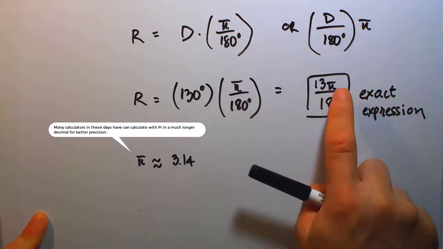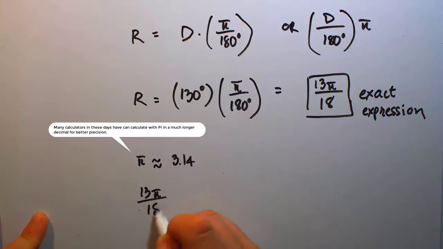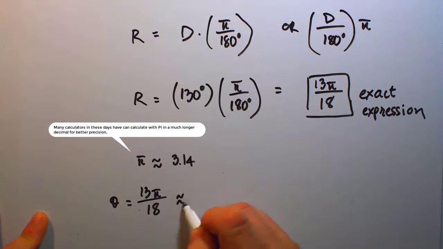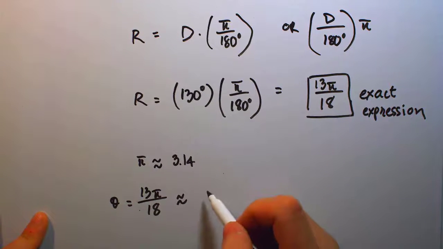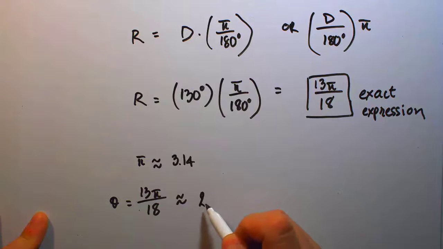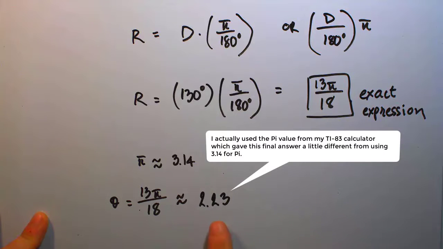But since pi equals 3.14, for 13 pi over 18, which our answer came out being, we can find an approximate by multiplying 13 with 3.14 and dividing by 18. Calculation shows we're looking at 2.23.